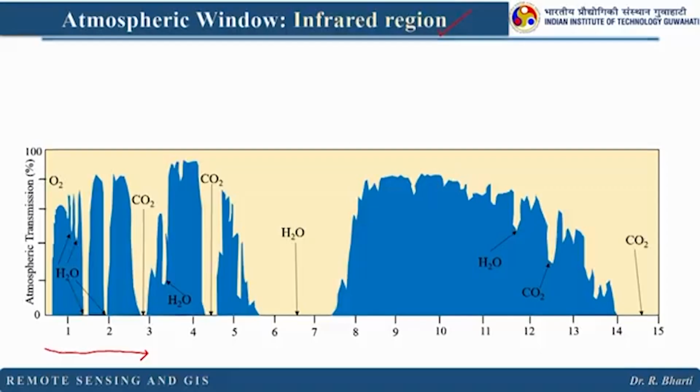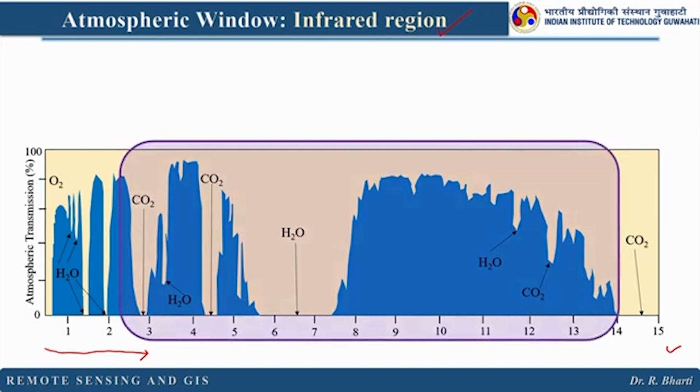Whatever energy is sensed by our sensor will be reflected from the surface, whereas in 3 to 16 micrometer, or here up to 15 micrometer, the energy emitted from the surface is captured, right? So this is the window for thermal infrared.